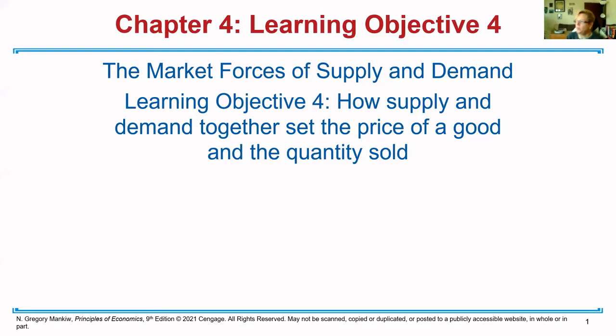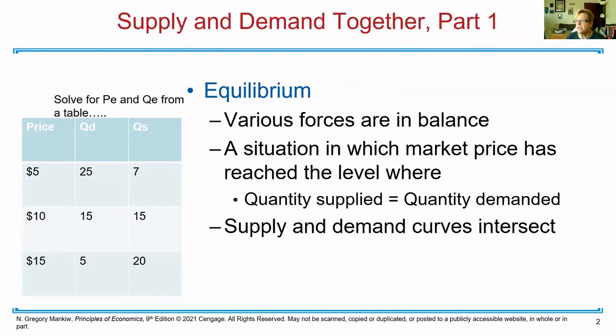So what we're going to start with is talking a little bit about where equilibrium happens. All right, so we're going to take a look at how supply and demand set the price and the quantity. If you'll remember, we looked at a couple of different ways to look at demand and supply.